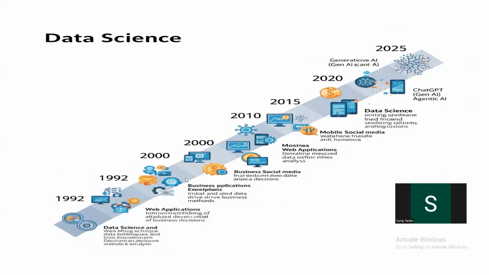Then in 2010 to 2012 the trend started where a business also had to have a mobile application on Android and iOS. Now, in 2024-25, businesses with a web application and mobile application want to integrate AI into it.